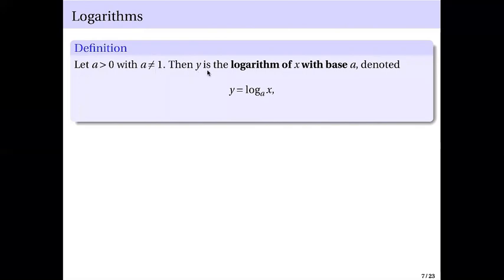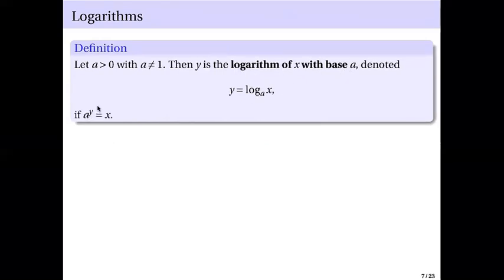Then y is the logarithm of x with base a. We denote it like this: y equals log x, with a as a subscript of log. That's how we denote this.